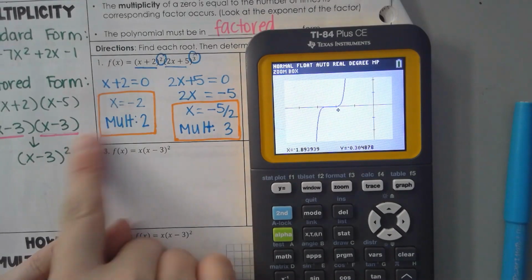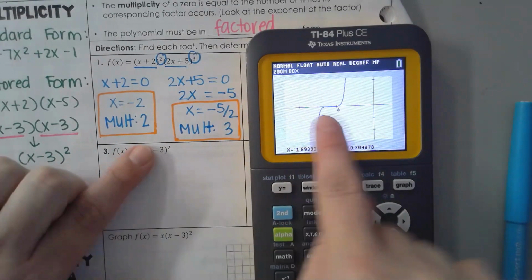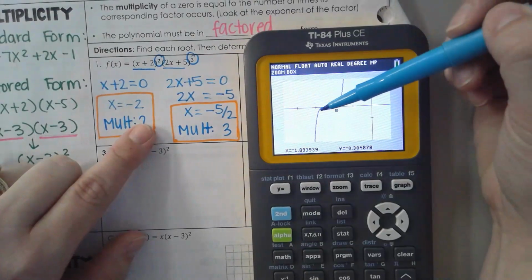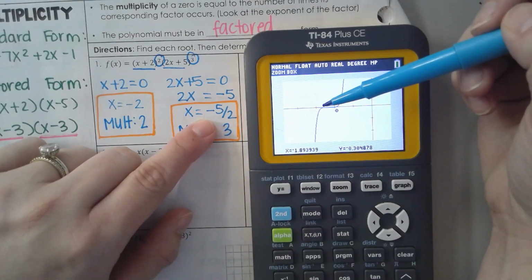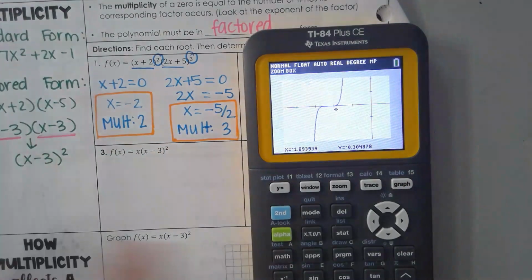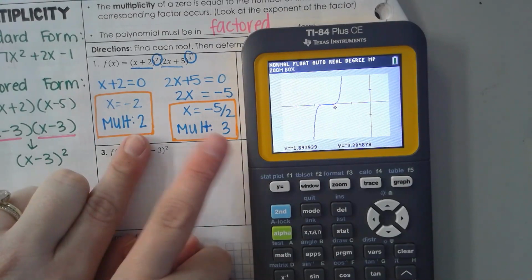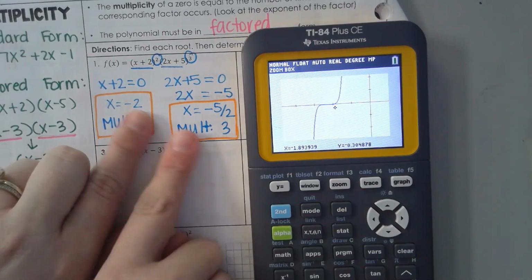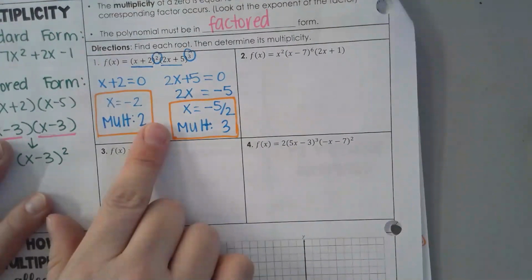So this one technically has an x-intercept at negative 2, which is right here. And then it also has one at negative 2.5. So you can't really tell that with the graph because it's really close to the line. But there's technically 2 x-intercepts, but my degree would be 5 because I have a multiplicity of 2 and a multiplicity of 3. You don't have to focus too much on that. As long as you can tell the x-intercept and what the multiplicity is, you'll be good.